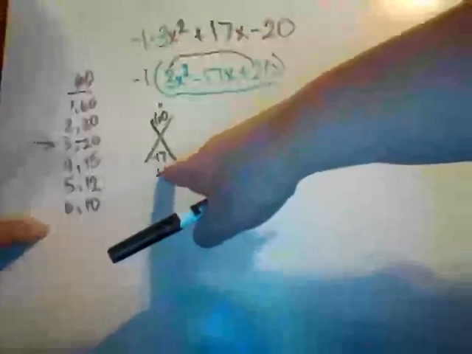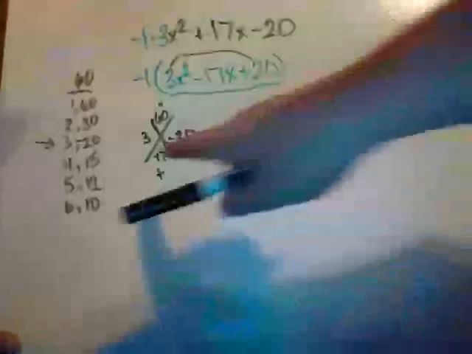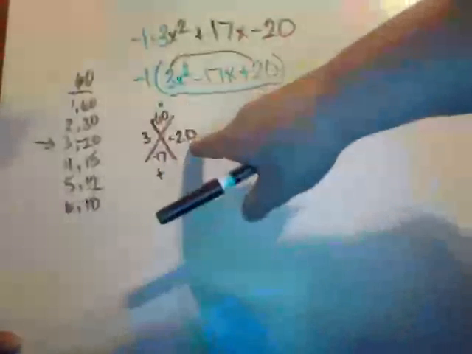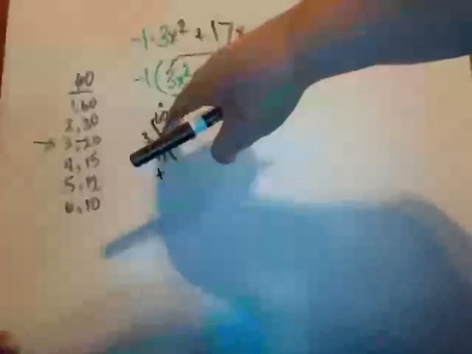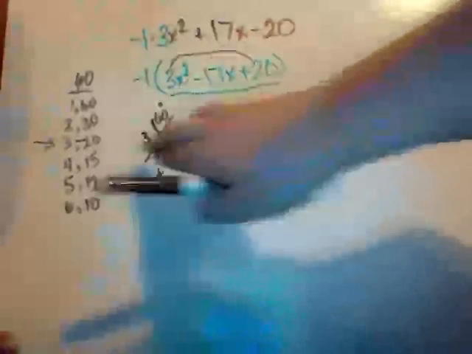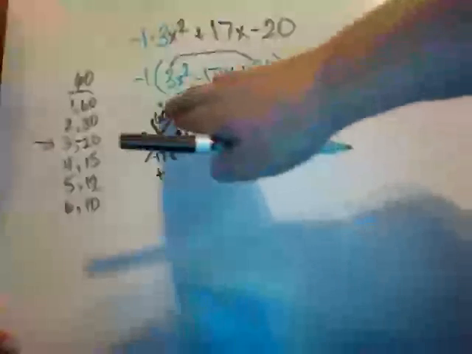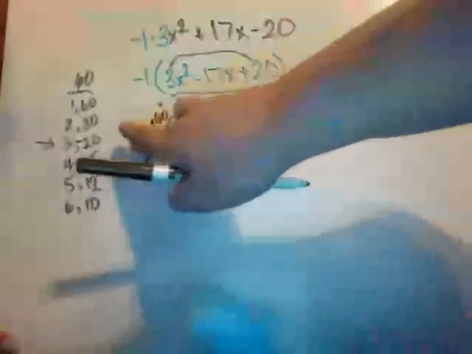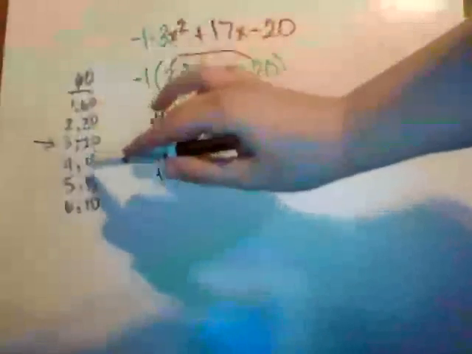But the problem is, if I try to do 3 and -20, well, 3 times -20 makes -60 and not positive 60. So these two numbers will add to make a -17, but they do not multiply to make 60. So we don't want to use the 3 and the 20.